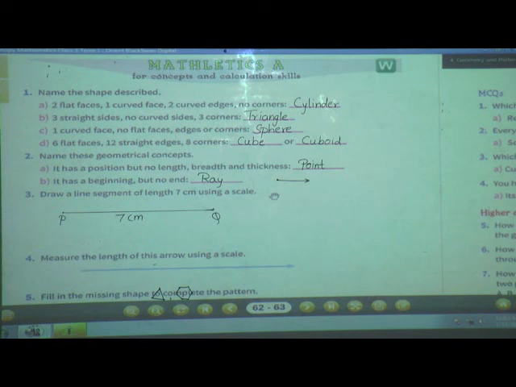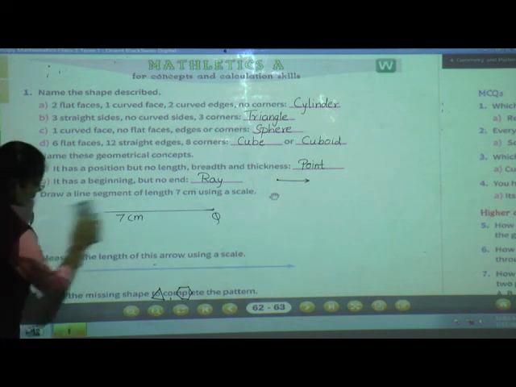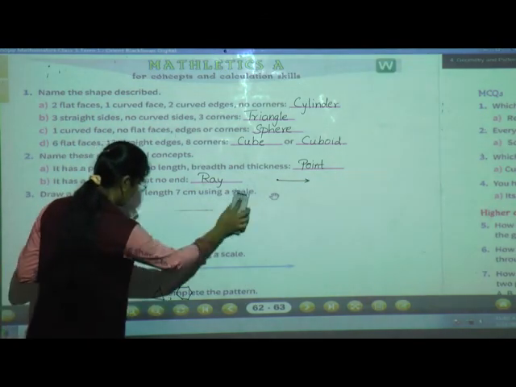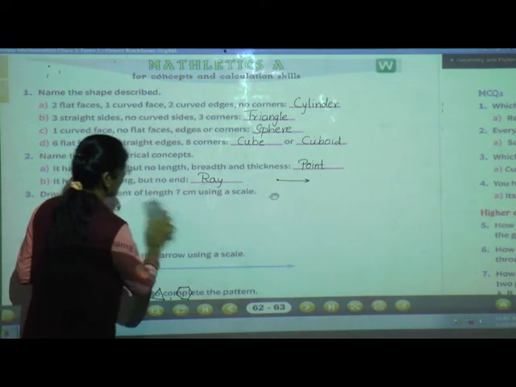Now we'll move to the next question. The question is, measure the length of this arrow using a scale.